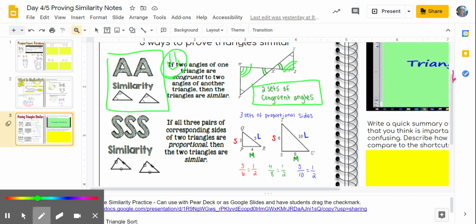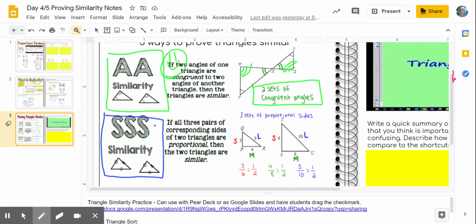Okay. The next one is side, side, side. This is my least favorite because it's the most amount of work. Blah. You've got to have 3 sets of proportions. So we've got to do small, right? 3 and 6. We can make a fraction. We can reduce that fraction. So all we're doing is reducing.